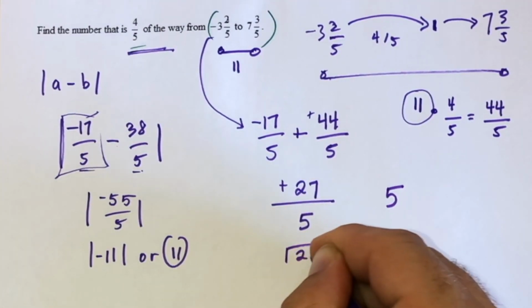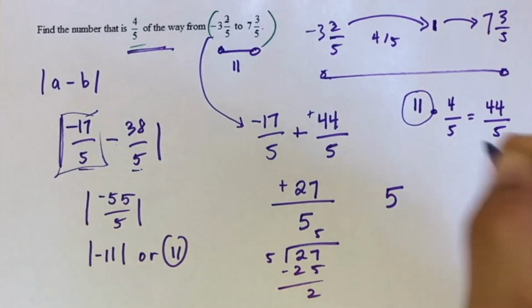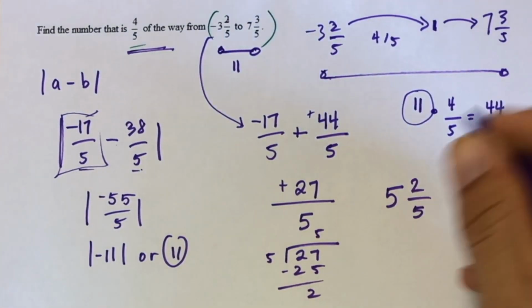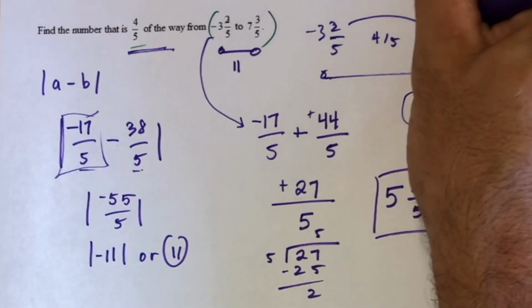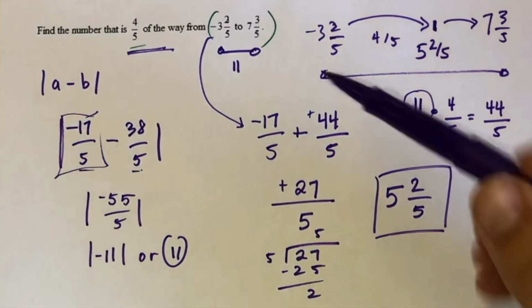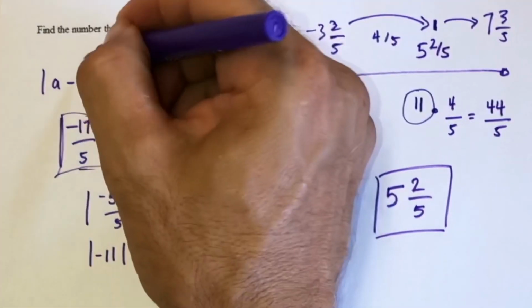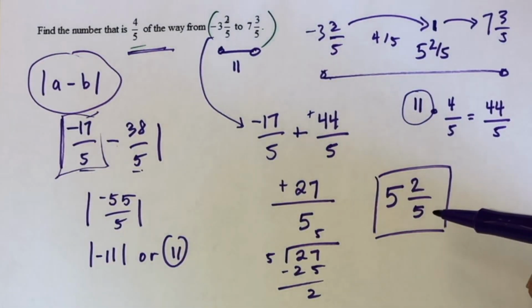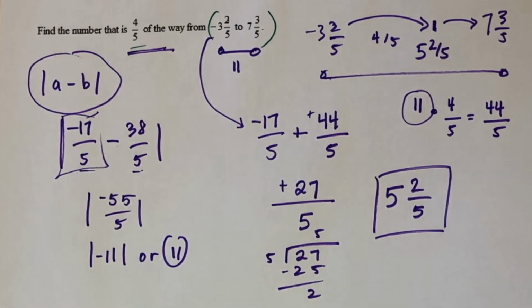If I were dividing 27 by 5, it would go in 5 times with 2 left over. So I get 5 2/5. And basically, this is the point, 5 2/5. That is 4/5 of the way. Couple steps here. There are fractions, there is absolute value, but again, we're relying on our distance and midpoint formulas. Hope this helps.